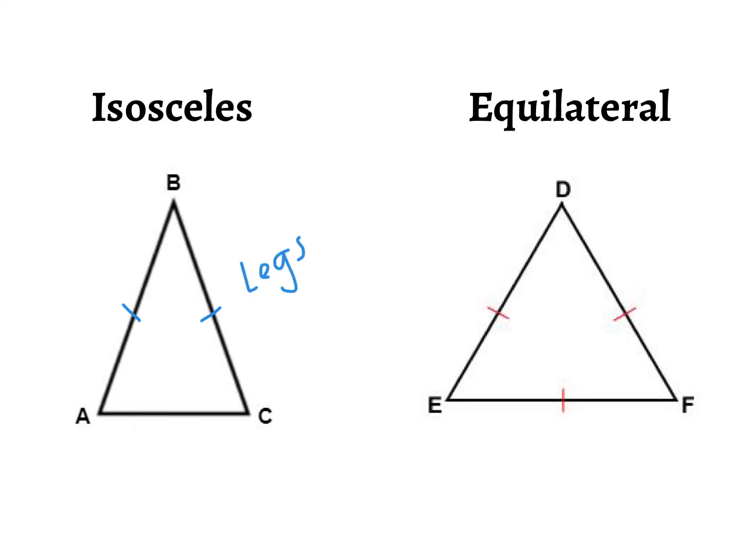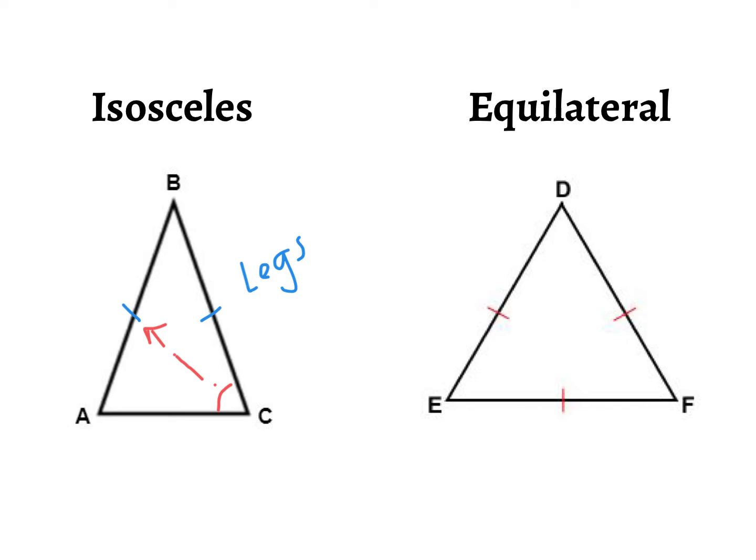Across from these legs, we have these opposite angles right here, angle A and angle C. Now, if you think about it a little bit, angle C is opening up to this side.